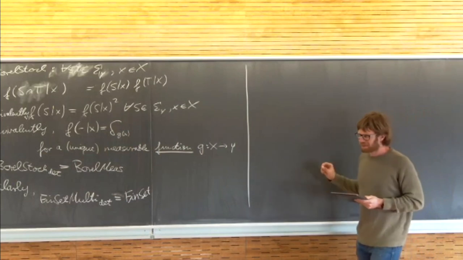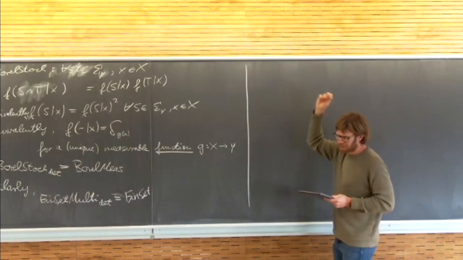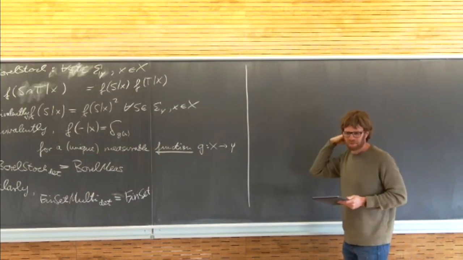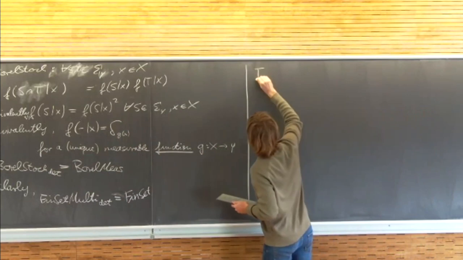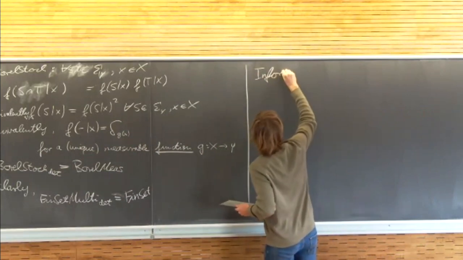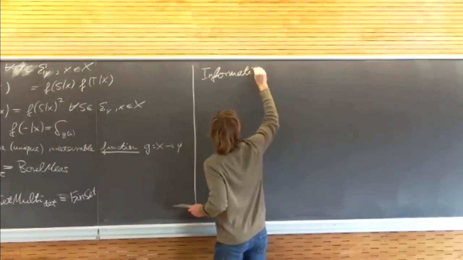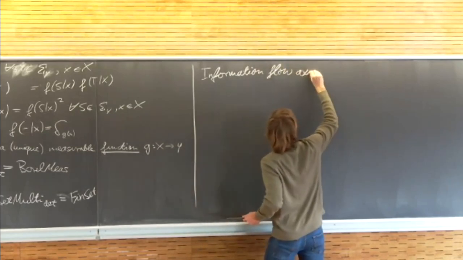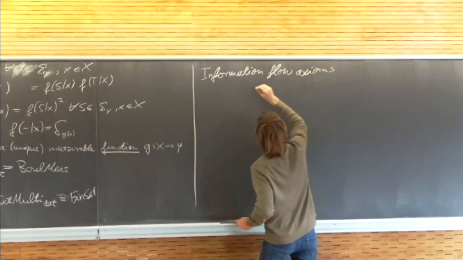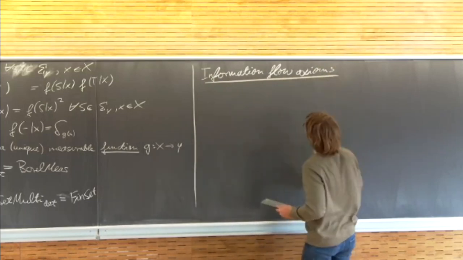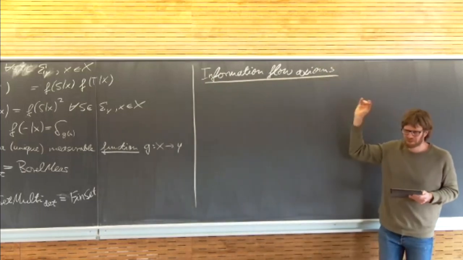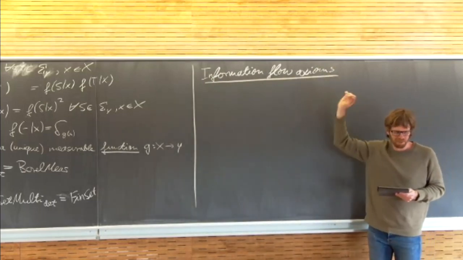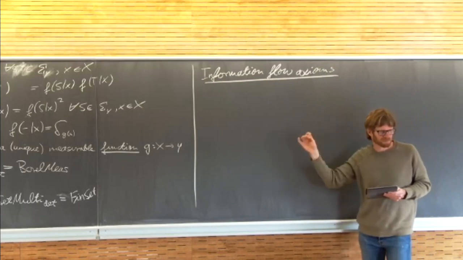There's a class of these axioms that we call information flow axioms. And I hope it's going to become clear why we call them like this.